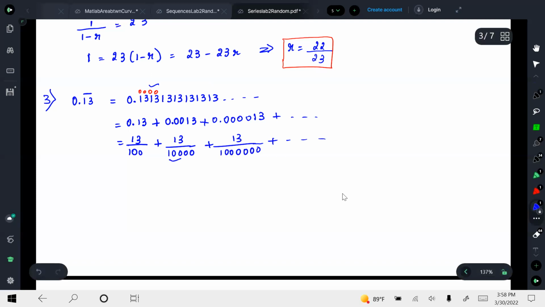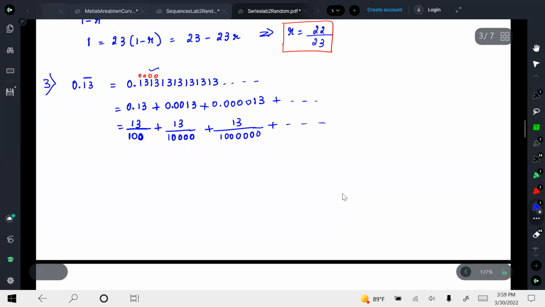The trick here is how to write this as a fraction. If you have two numbers after the decimal, you divide by 100, two zeros. If you have four numbers after the decimal, you divide by 10,000, four zeros in the denominator, and it goes on.